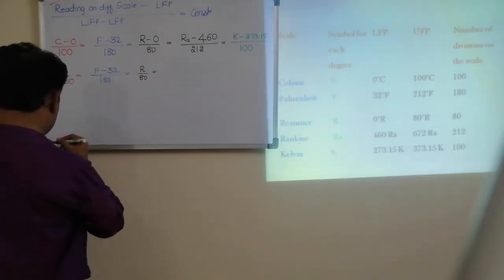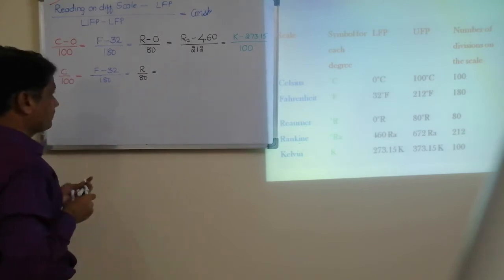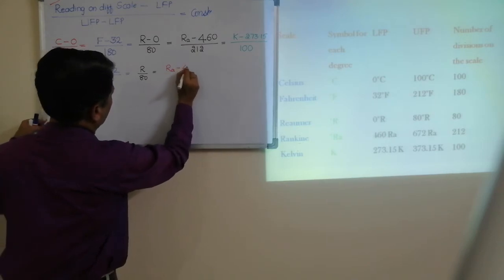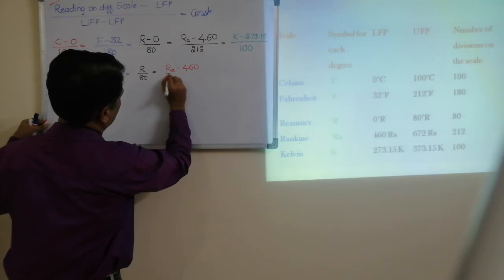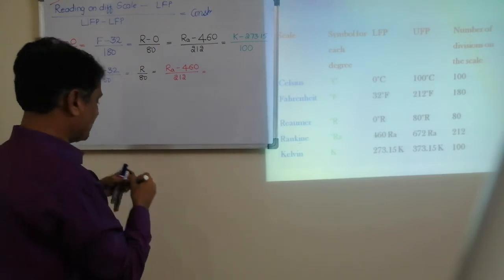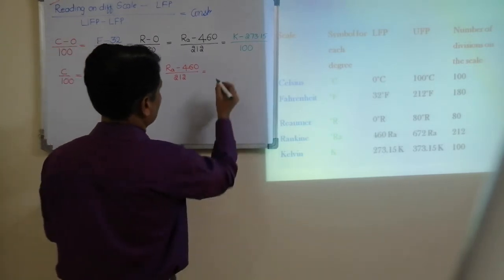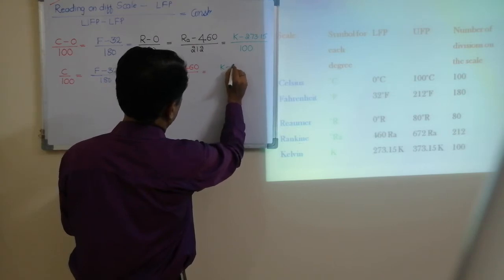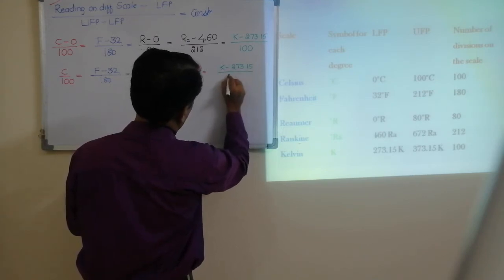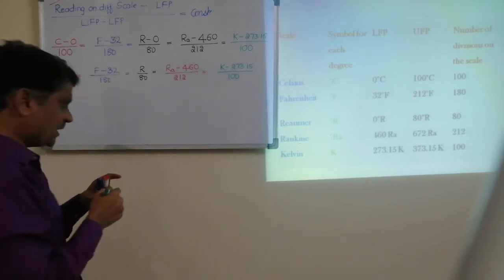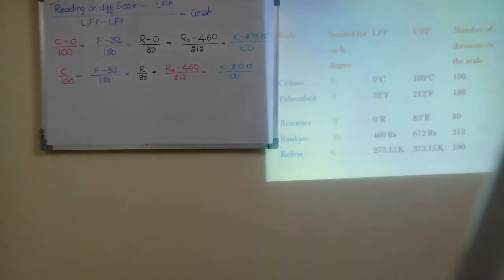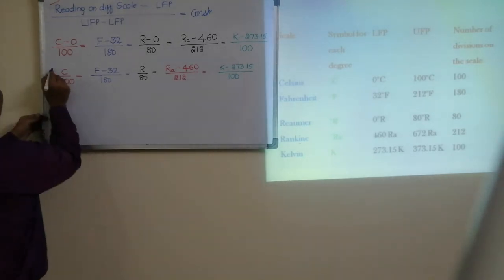That is equal to, you can write for the Rankine scale here, RA minus 460 divided by 212. That is equal to, for the Kelvin scale, you can write K minus 273.15 divided by 100. Okay, so this is our relation between different scales. Now, first you do one thing.